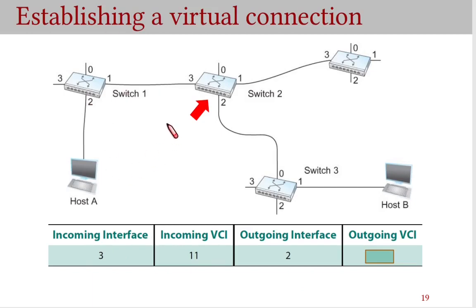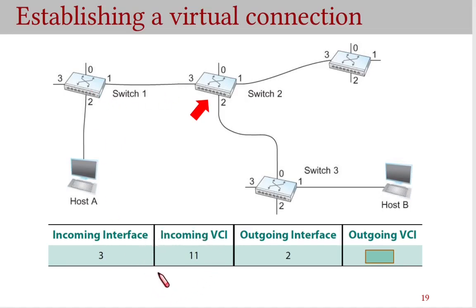and switch 2 itself would add an entry in its virtual circuit table for this setup request, and that suppose looks like this shown here. So the incoming interface is going to be 3, because that's how switch 2 is connected to switch 1.